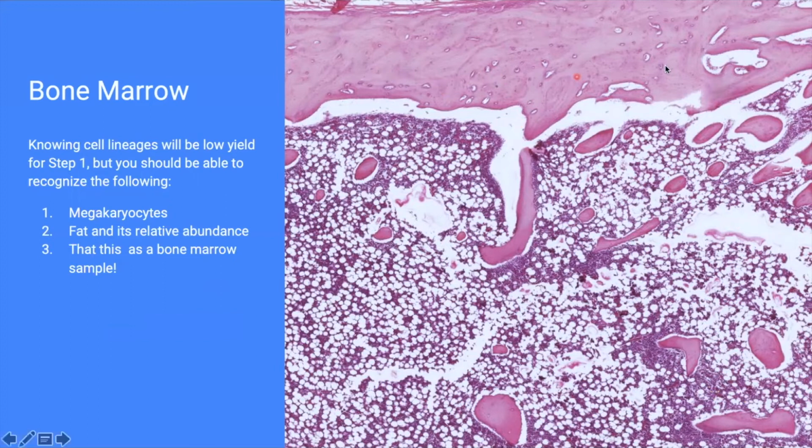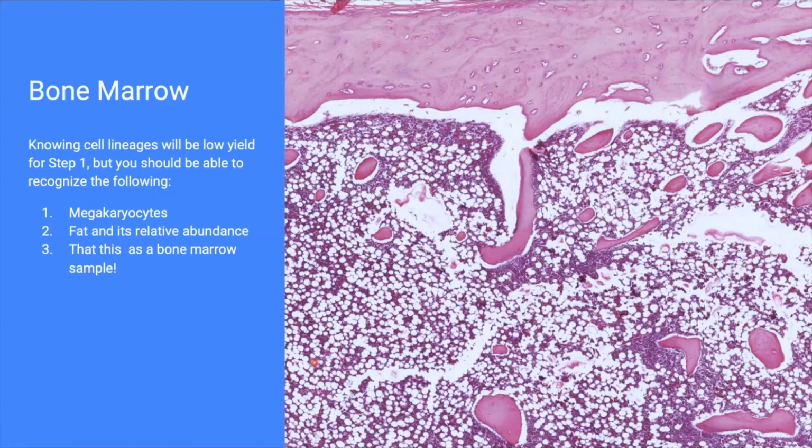Recognize that these structures here, within the actual marrow itself, are bone fragments that we got from a biopsy. Another question that could come up pretty easily is to show you a very hypocellular bone marrow sample where the relative abundance of fat is way above normal. Getting into the specifics of that would maybe require a pathologist level of education.